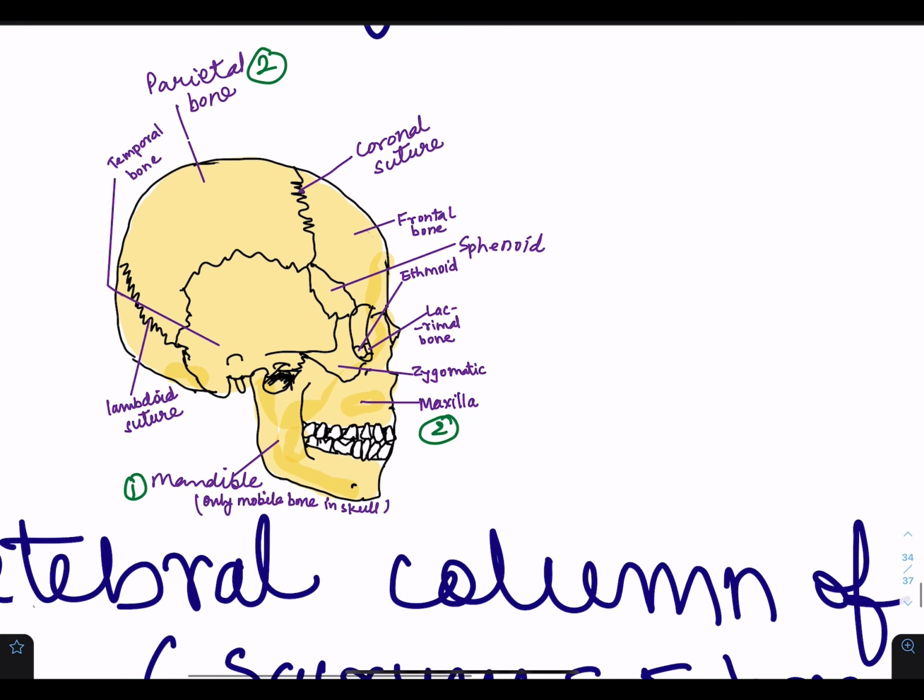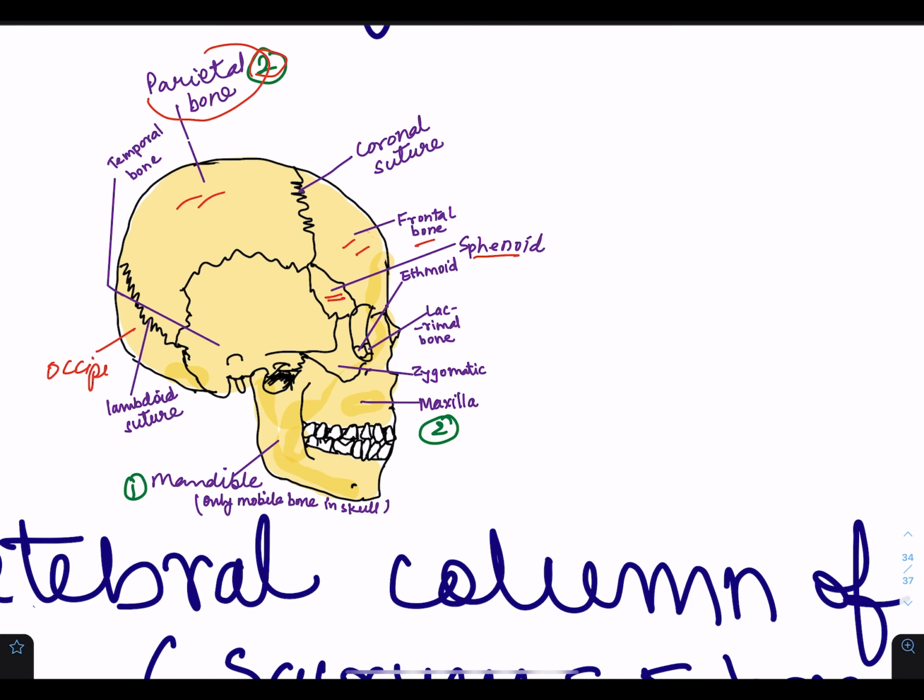Some of the bones can be visible over here. This is the parietal bone, this is the parietal bone, this is the frontal bone. Parietal bones are 2 in number, frontal bone is here. Then we have sphenoid can be seen here. Another side of the skull also, one sphenoid bone will be there. Then we can see occipital bone here.